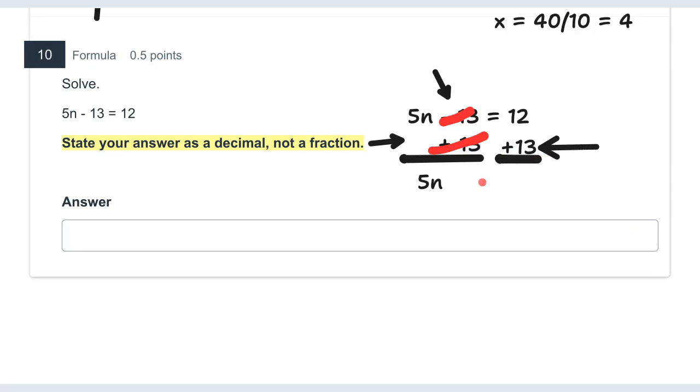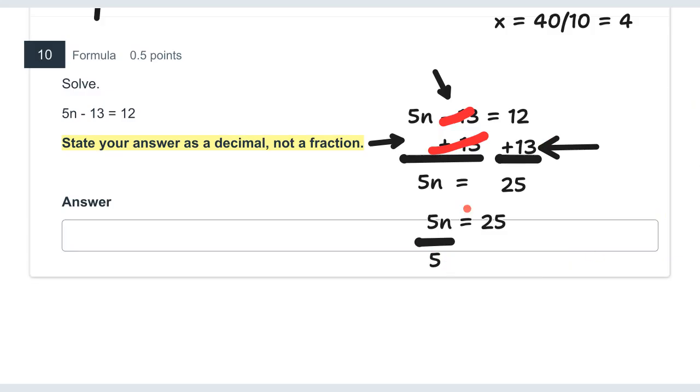12 plus 13 is 25. And because I did the same thing to both sides, my equation is balanced. 5n is equal to 25. Divide the left side by 5.